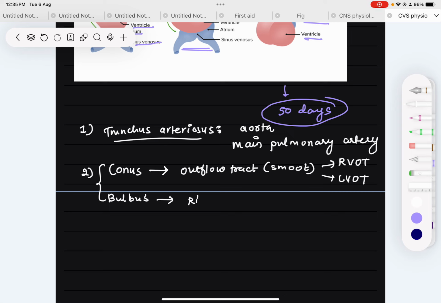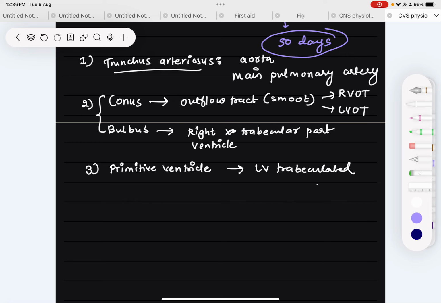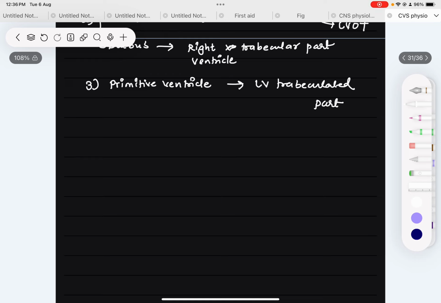The bulbous part will form the right ventricle trabecular part, and from the primitive ventricle, the left ventricle trabeculated part will arise.